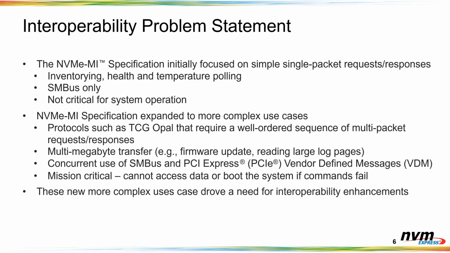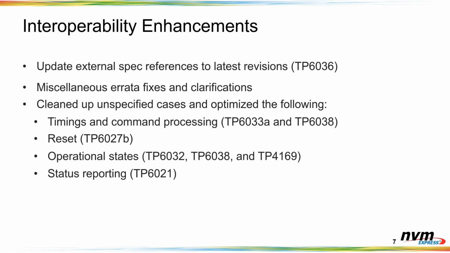And from a command flow perspective, we already supported a bunch of flow control semantics for reliability and interoperability, but when developing these new, more complex use cases and really stressing those mechanics out, we learned what worked well and what didn't. And so we took all of these learnings and we made a bunch of changes to the MI spec to improve interoperability.